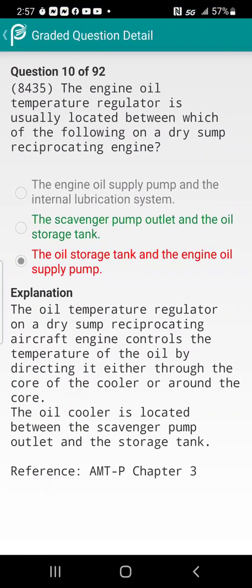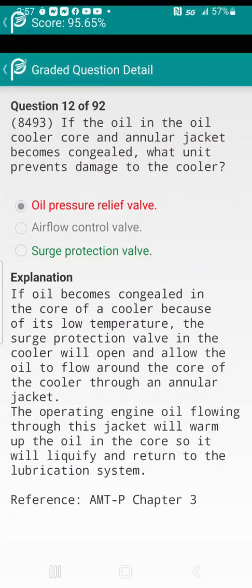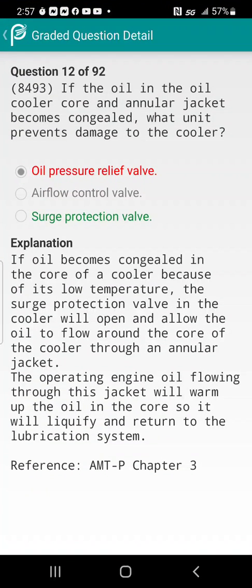The engine oil temperature regulator is usually located between which of the following on a dry sump reciprocating engine? The scavenger pump outlet and the engine storage tank. If the oil in an oil cooler core and annular jacket becomes clogged, what unit prevents damage to the oil cooler?